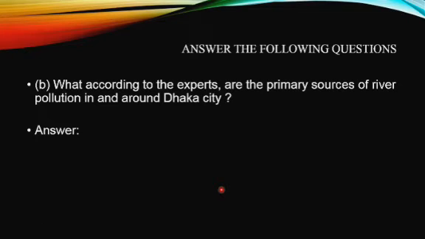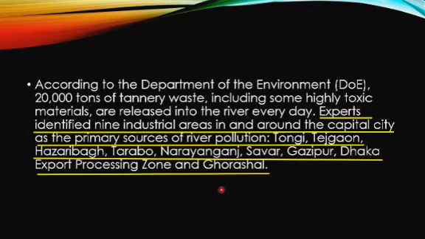Number B, what, according to the experts, are the primary sources of river pollution in and around Dhaka city? So let us check what the passage says. Experts identified 9 industrial areas in and around the capital city as the primary sources of river pollution, and here are the names.